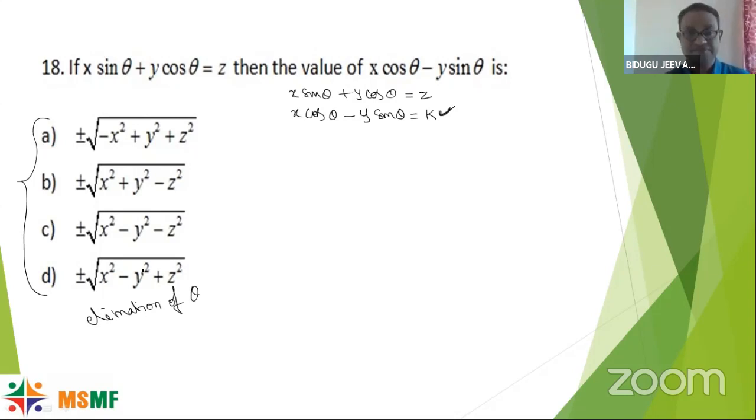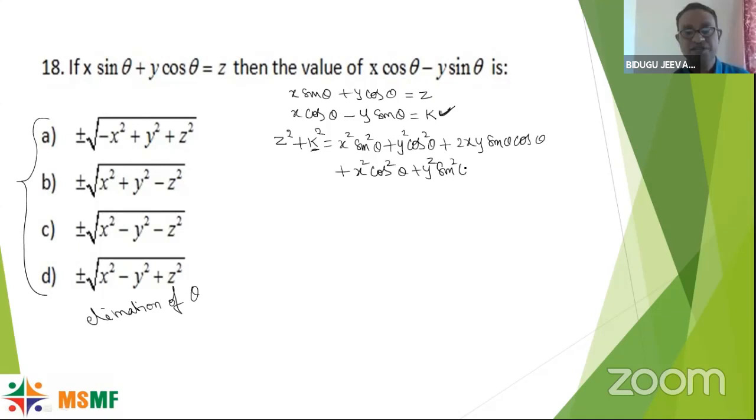I do z square, a square plus b square plus 2ab sin theta cos theta, plus k square, x square cos square theta plus y square sin square theta minus 2xy sin theta cos theta.